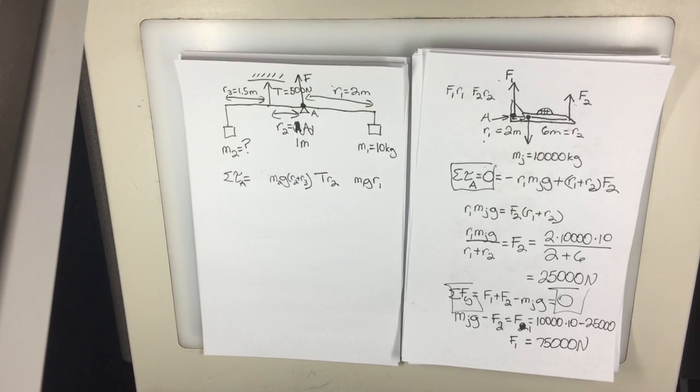Now we do the signs according to the right-hand rule. M2 is to the left of the fulcrum and down, so it's a positive. Tension to the left of the fulcrum is up, or negative. M1 is to the right and down, or negative. So it's positive, negative, negative is the signs.